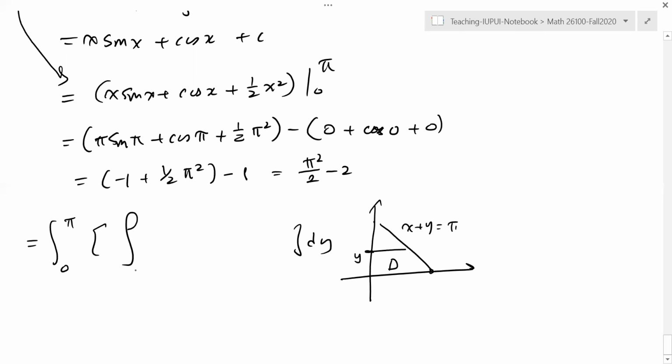And then x: what is the upper bound? Let me repeat this again. For each fixed y between 0 and pi, x is between 0 and, depending on y, pi minus y.